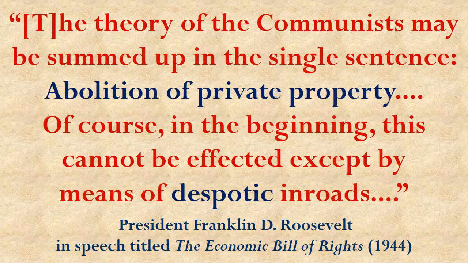Quote from him, where he says that a communist is dedicated to the abolition of private property. In other words, getting rid of anybody owning private stuff. And he admits that in order to accomplish that, it's going to require despotic means. Now, you know what that word means from earlier in the course. We're talking about tyrannical means here. A bad king, a dictator. And Karl Marx says that's okay.